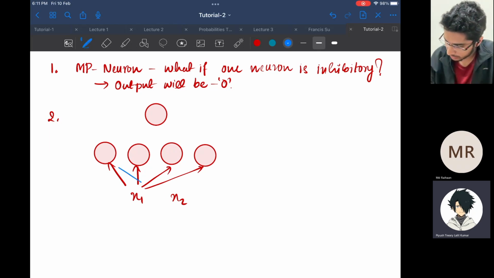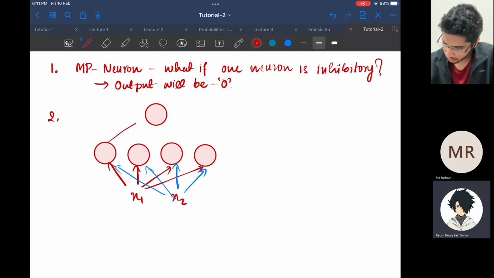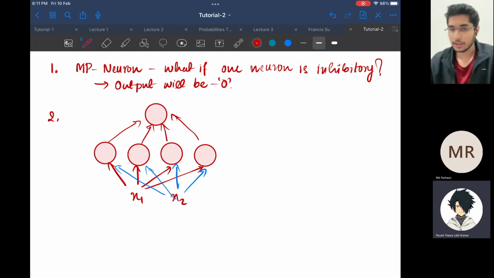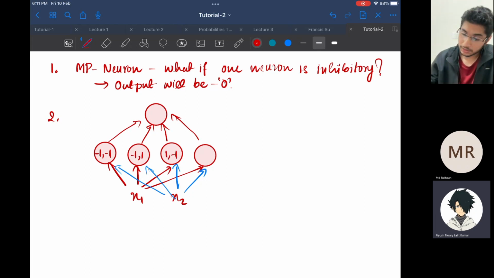After that you had another neuron. All of the intermediate neurons were connected to this final neuron, and you were given something like this: -1, -1, -1, 1, 1, -1, and finally 1 comma 1.